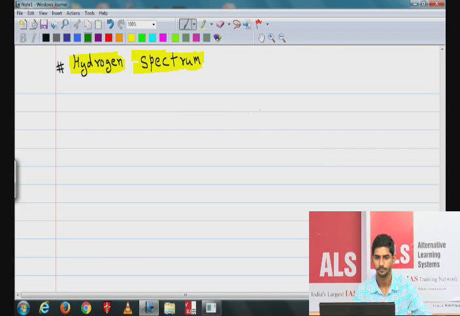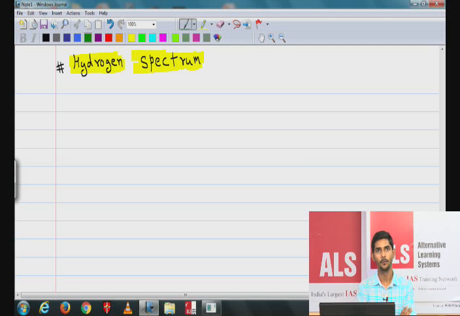See, Bohr model is not completed yet. It is still continuing. It will take some more time. Bohr model still. Hydrogen spectrum. This is another part of the Bohr model.